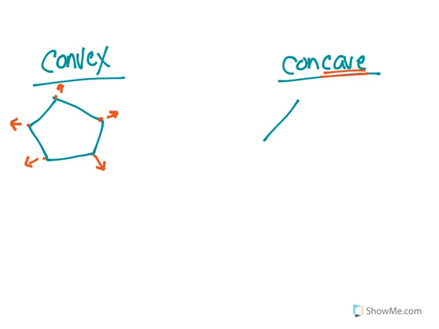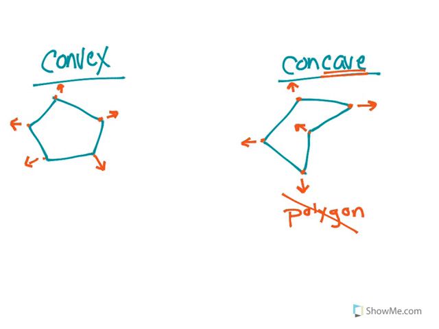So for example, I'll still make a pentagon, so here's 3 of the 5 sides, but then it goes inwards. This vertex is going outwards, this one's going outwards, and so is this one, and so is this one, but this one is not. It's going inwards like a cave. And anytime you have a condition like this, it cannot be considered a polygon.